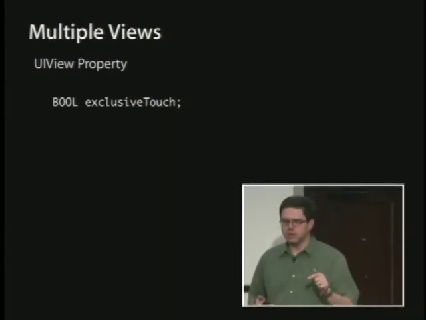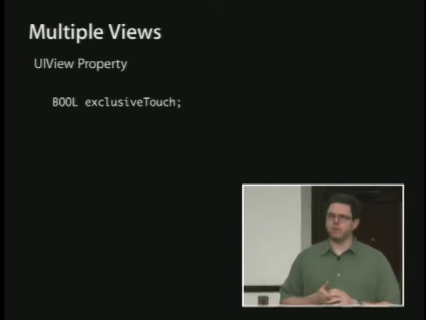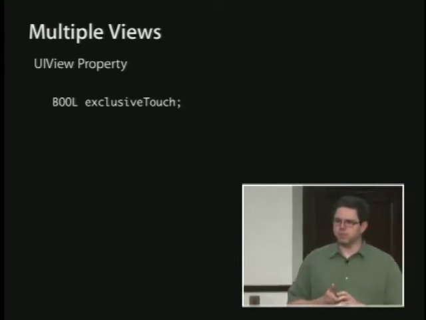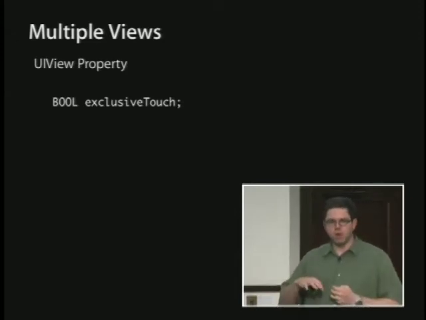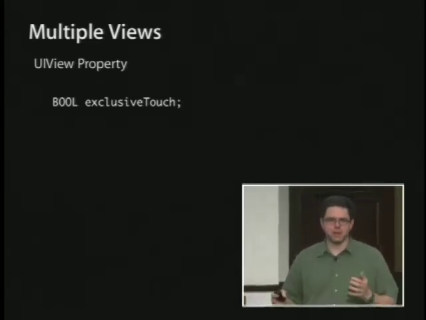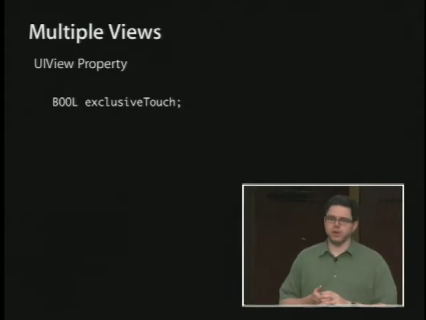So to give you some high-level control of how touches get tracked by multiple views, there's a property called exclusiveTouch. Now, this is false by default, but if a finger comes down on a view that's marked with this as true, that view will only be told about the touch if there are no other fingers tracking in other views within that window.